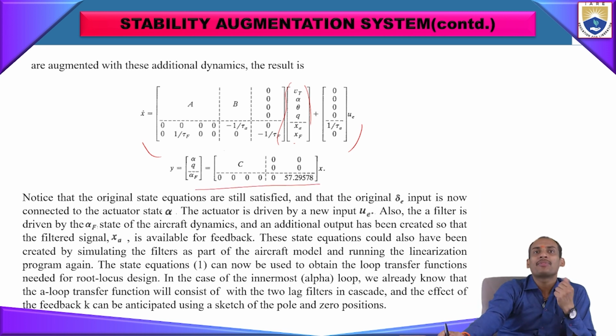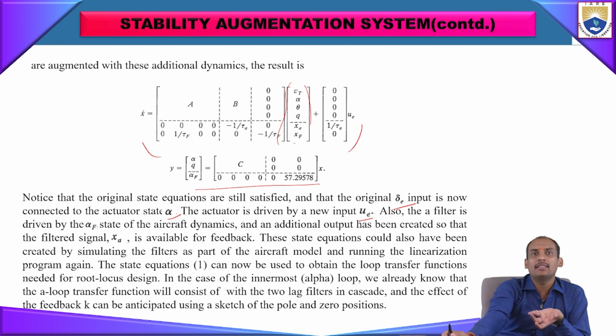Here you see the original state equations are still satisfied, and the original delta E input, meaning the elevator input, is now connected to the actuator state alpha, which is given by the velocity UE, the velocity in the x direction.